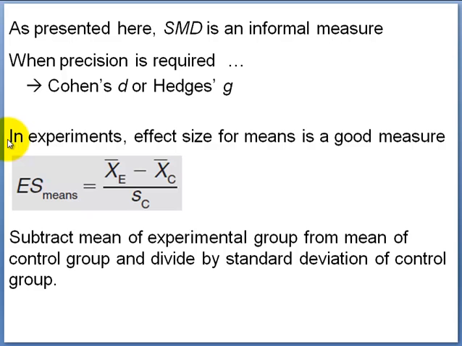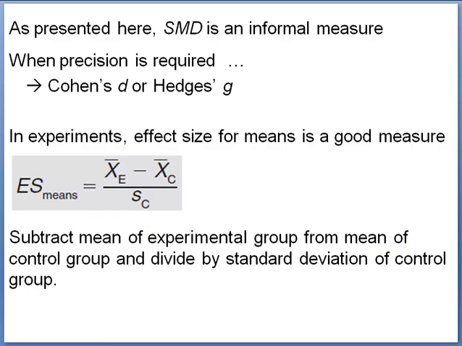Now, another way to do so, and a measure that is often used in experimental designs, that is, designs that are attempting to look at the effect of an intervention, I've termed effect size for means. The difference between effect size for means and the SMD as calculated earlier is in the denominator. What's used in the denominator for effect size for means is the standard deviation in the control group.